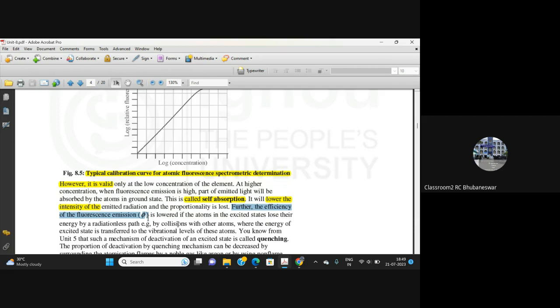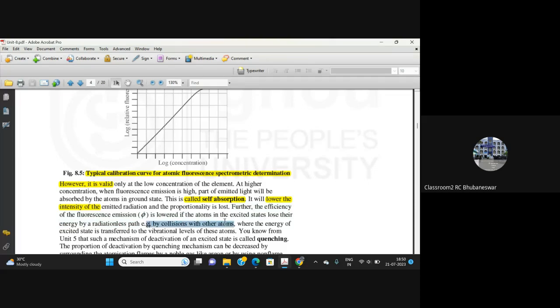Further, the efficiency of fluorescence emission, that is quantum efficiency, we discussed in the last class. The efficiency of fluorescence emission is lower if the atoms in the excited state lose their energy by a radiation-less path, for example by collision with other atoms.